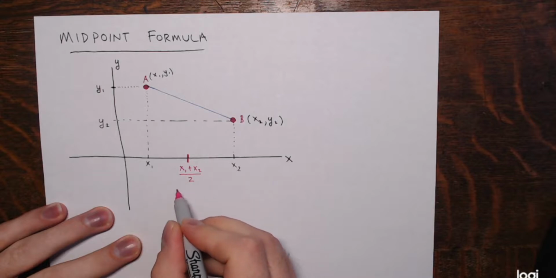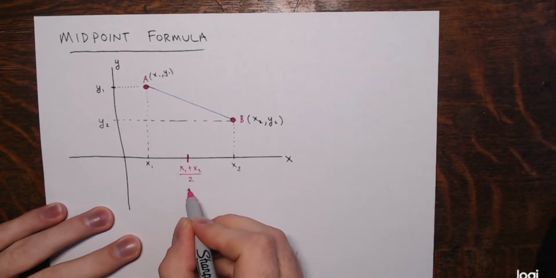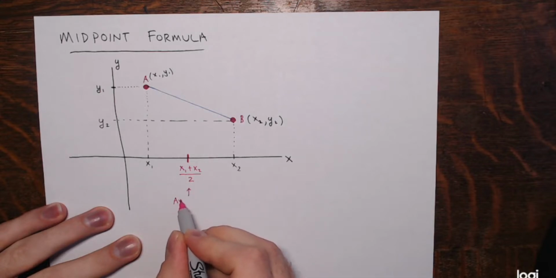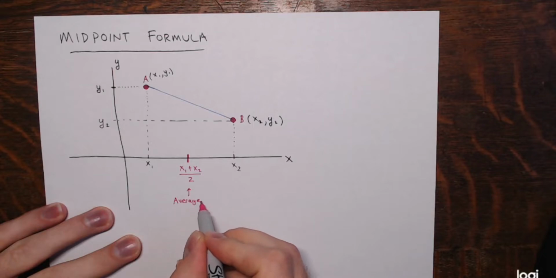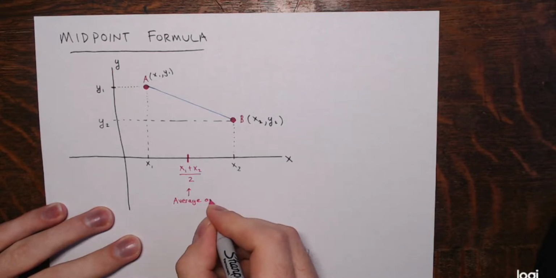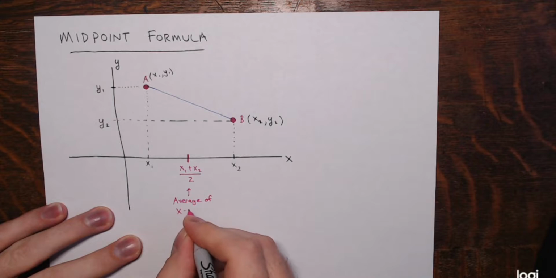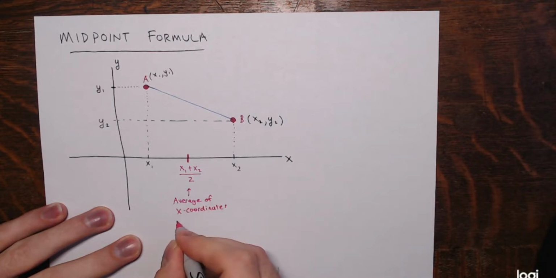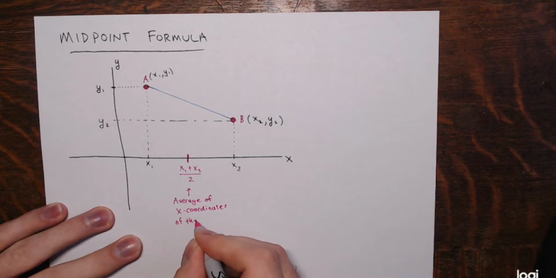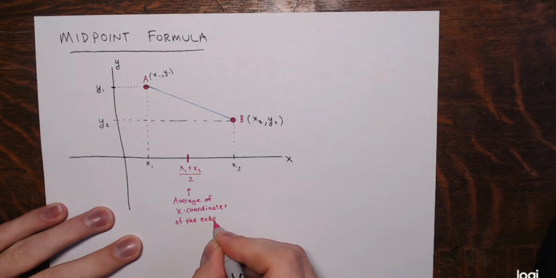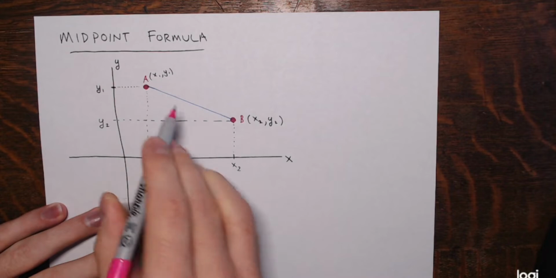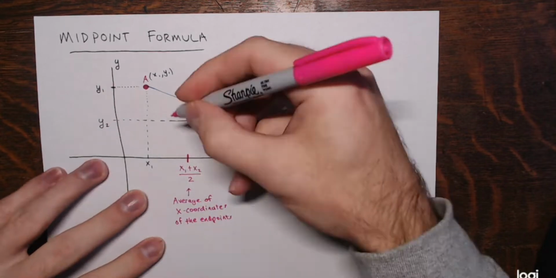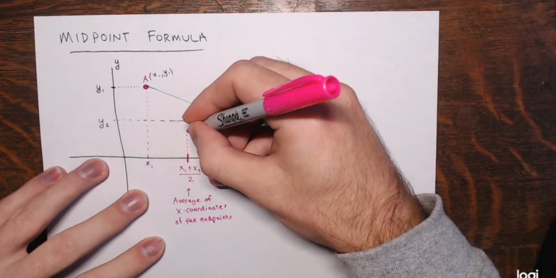All right, this is the average or the mean of the x-coordinates of the endpoints. Right, points A and B. So that will be the x-coordinate of the midpoint.